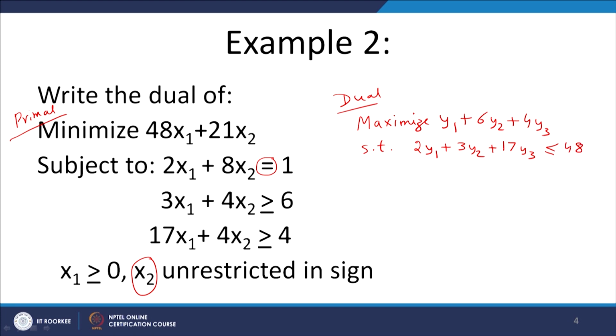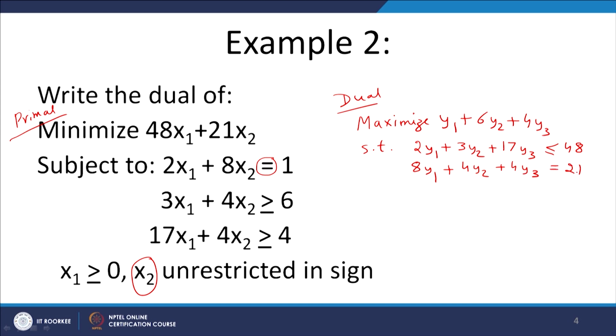You can see the transpose of the matrix has been taken, and the right hand side is now the cost coefficient of the primal, and the second constraint becomes 8y1 plus 4y2 plus 4y3 should be equal to 21.